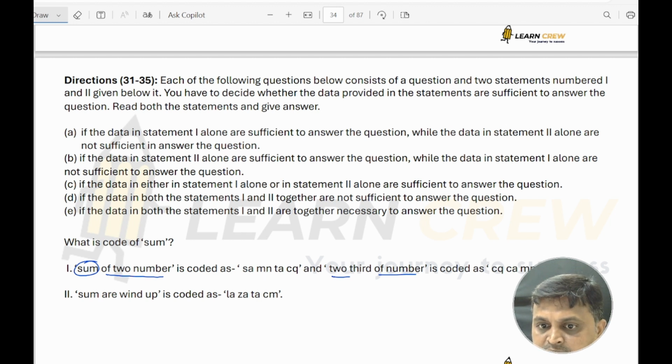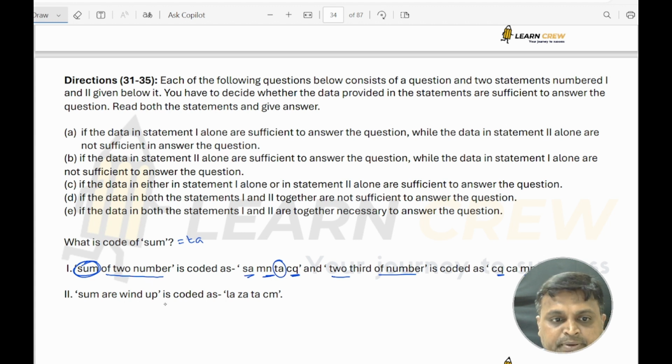MN is common, and SA is common, and CQ is common. So the only thing which you have exclusively in the first one is sum. That sum would be TA. So you can say sum is equal to TA by using only one. So 1 is sufficient.